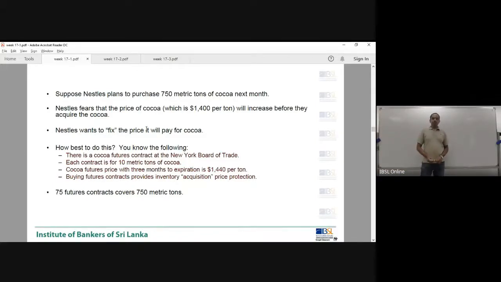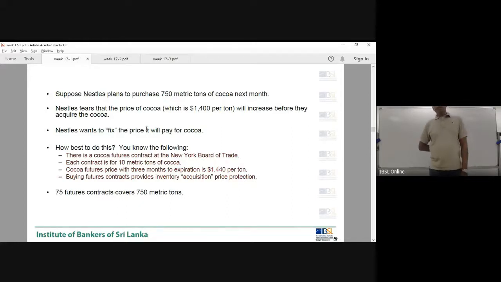They fear that the price of cocoa, which is $1,400 per ton, will increase before they acquire it, right? So they want to buy inventory, raw materials, cocoa of 750 metric tons. They want to buy it today. The cost right now is $1,400. So if it increases, they will lose. It's like you want to buy a car, but if the price goes up, you will lose. So Nestle wants to fix the price it will pay for cocoa.